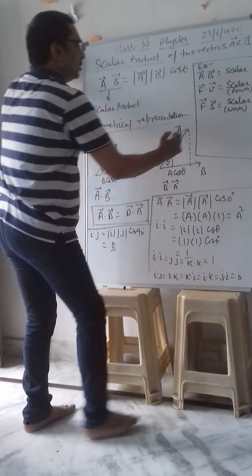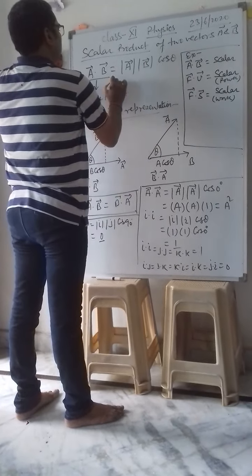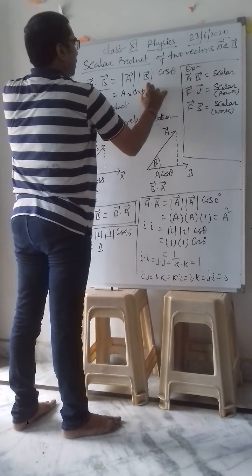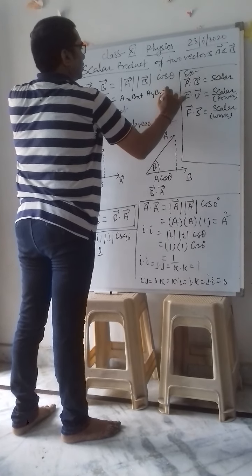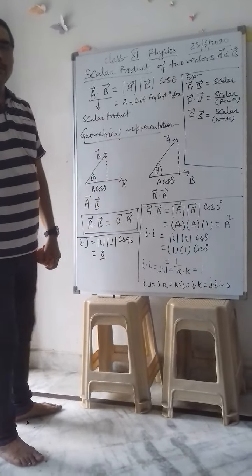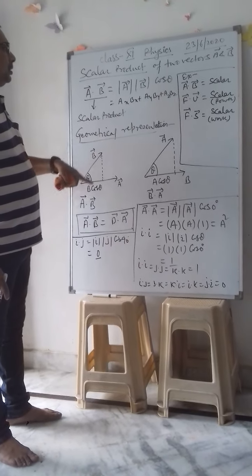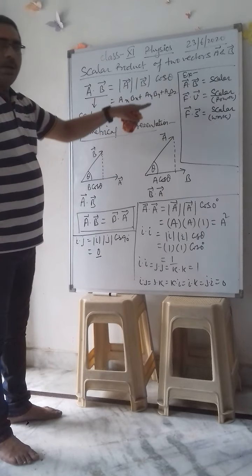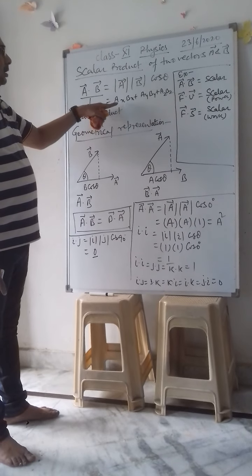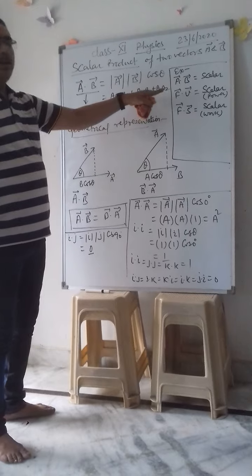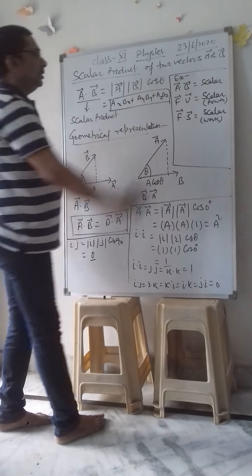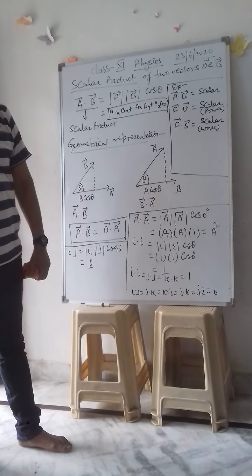A dot B is equal to AX BX plus AY BY plus AZ BZ, when we take the three-dimensional observation for these given vectors A and B. This is the important formula we can use for solving numerical questions.